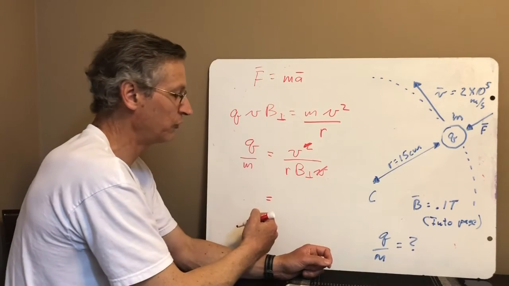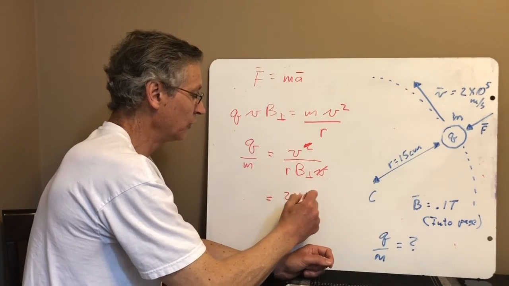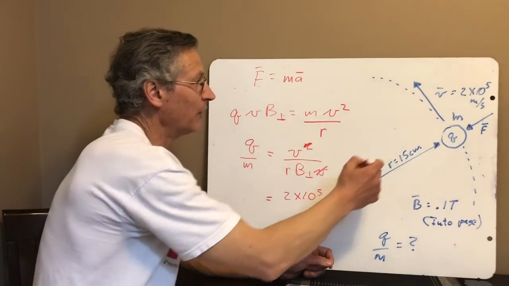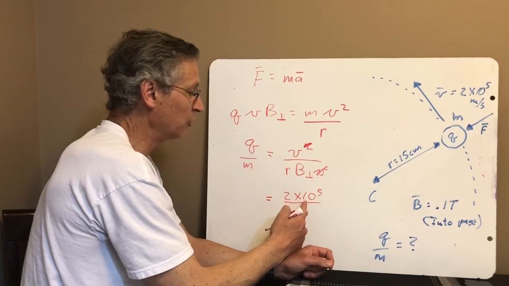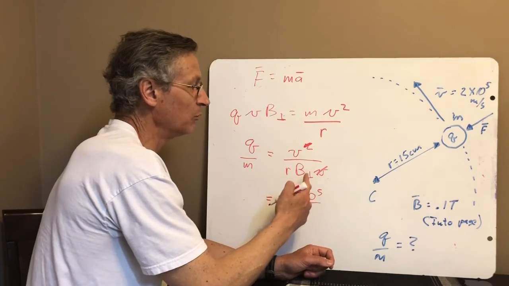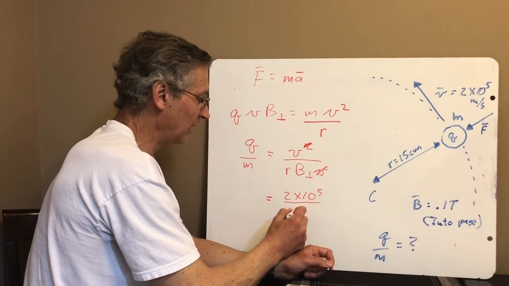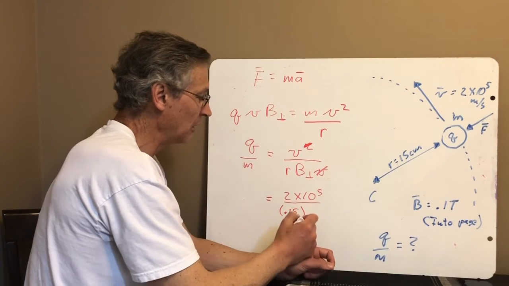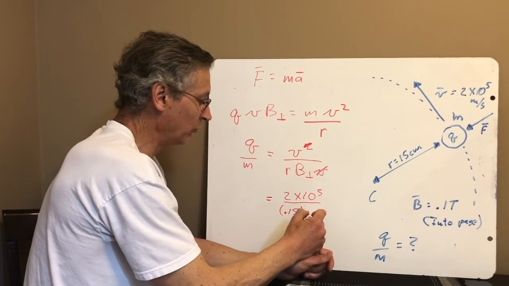The charge to mass ratio is going to be the velocity, which is 2 times 10 to the 5th, divided by the radius. Now remember, this is in meters per second. Change your radius to meters. So 15 centimeters is going to be 0.15 meters. And then we have the magnetic field, which is 0.1 Teslas.